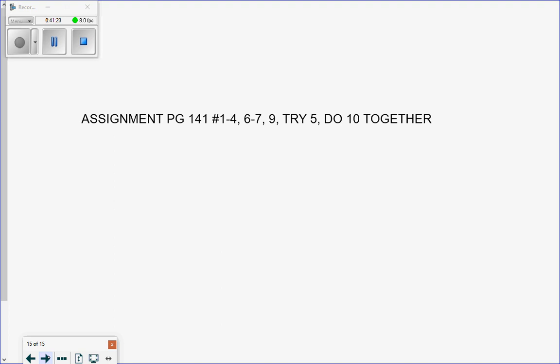It says use the following information to answer questions 10 and 11. The probability that Eric will play golf this weekend is 0.5. The probability that he will play tennis is 0.3. And the probability that he'll do neither is 0.25. What's the probability that he will do at least one of these activities? Okay, a couple different ways to attack this.